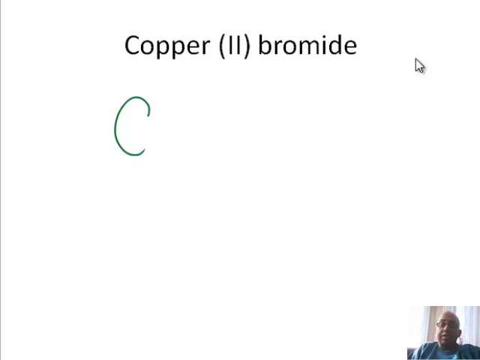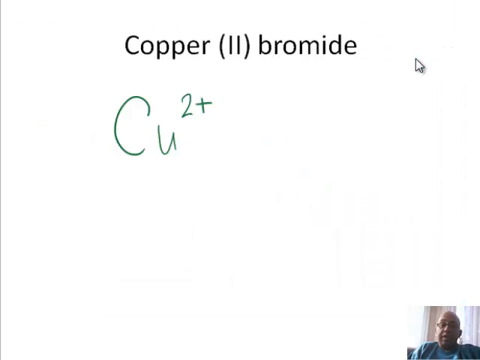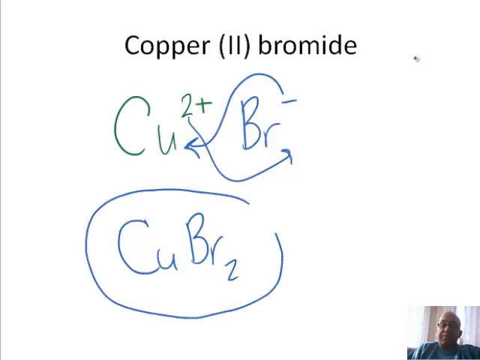So it's Cu2+, and we look at bromine for bromide, and you notice that it's in group 7. So it is Br-. Now we crisscross the charges, and it's Cu with a 1, but we don't write the 1, and Br2, so that's copper 2 bromide.